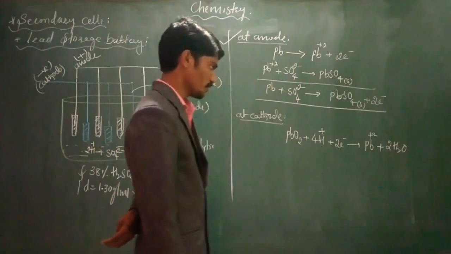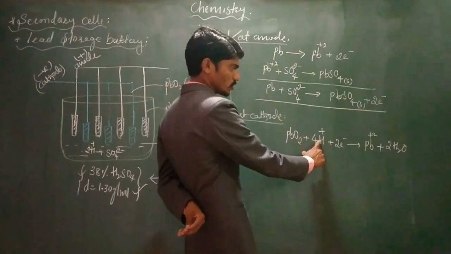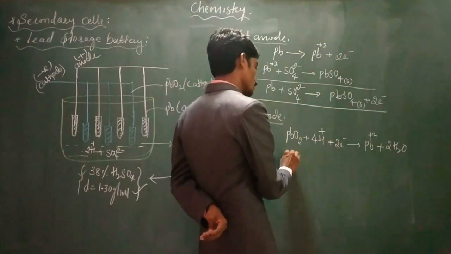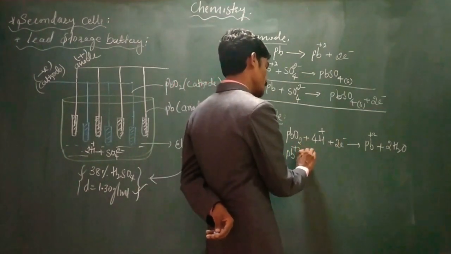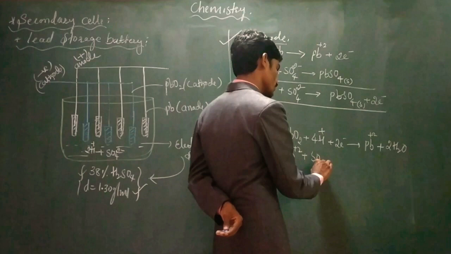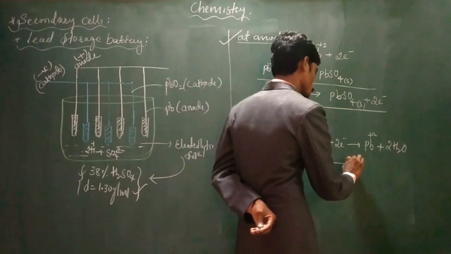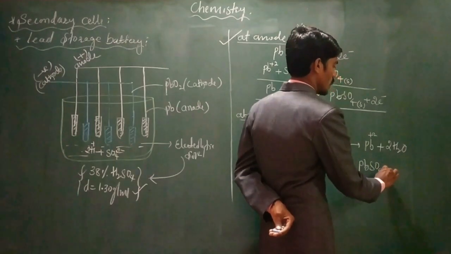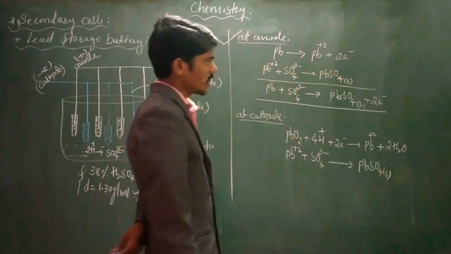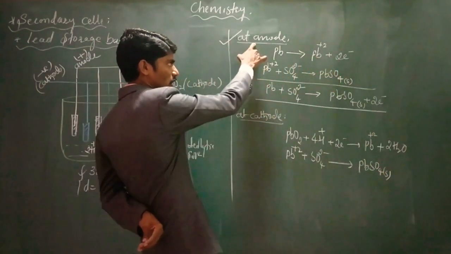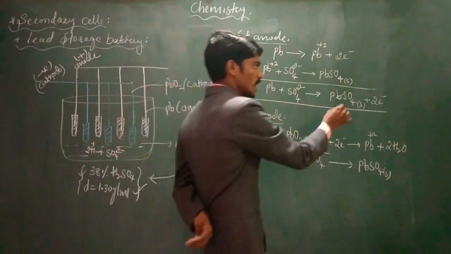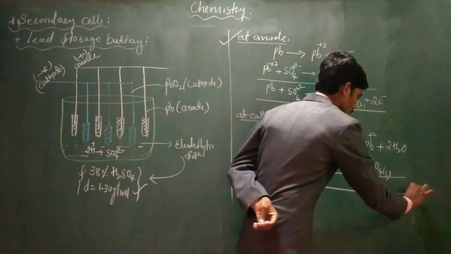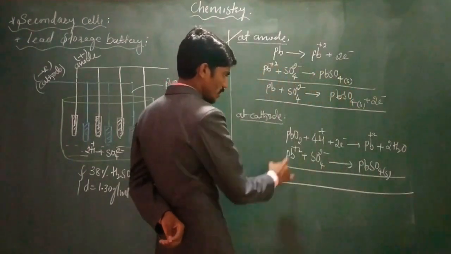The two oxygens take 4 hydrogens, giving 2H2O water molecules, and Pb2+. This Pb2+ in the presence of sulfate ion also produces PbSO4, lead sulfate. So at both the anode as well as the cathode, lead sulfate is precipitated.